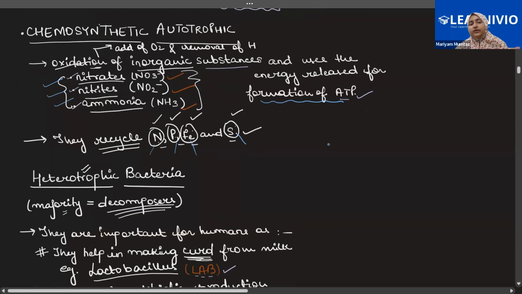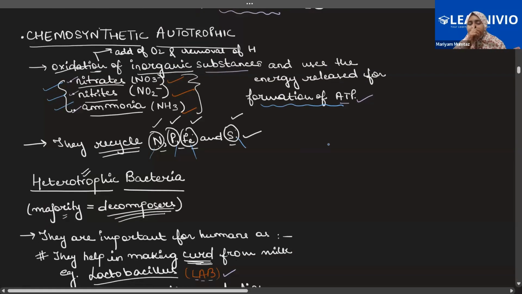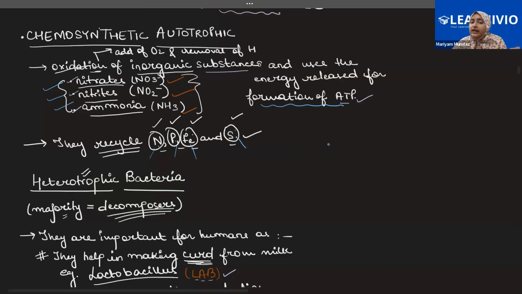Now let us talk about the chemosynthetic autotrophic mode of nutrition. This involves the oxidation of inorganic substances. See, in photosynthesis, light is used. In chemosynthesis, certain chemicals will be used. Those chemicals are inorganic substances and they are used for the formation of ATP.